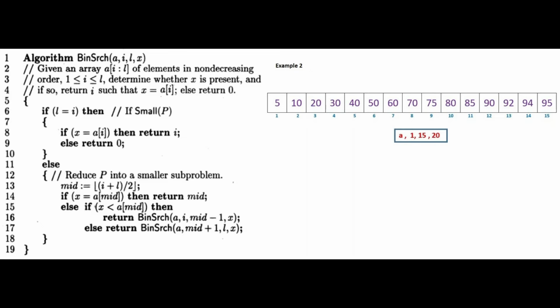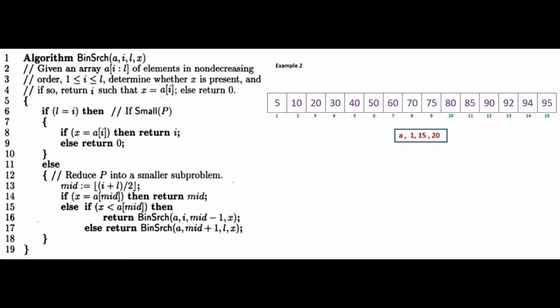Another example. A, 1, 15, comma 20. Same array name, same lower bound, same upper bound, but there is a change in x. Here x equal to 20.